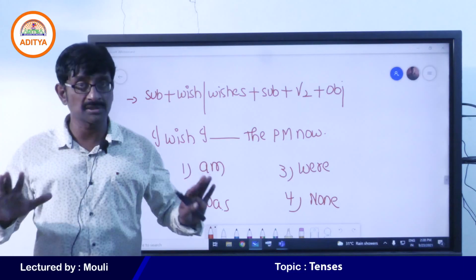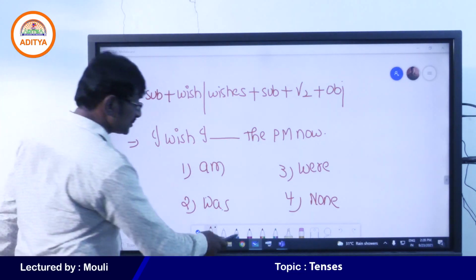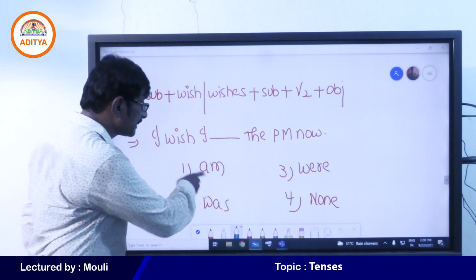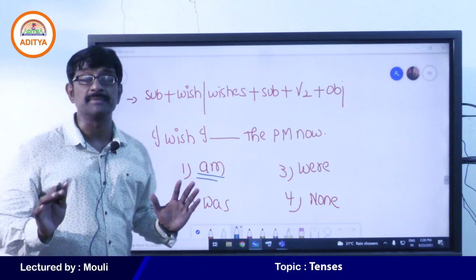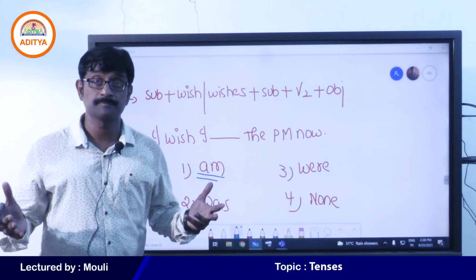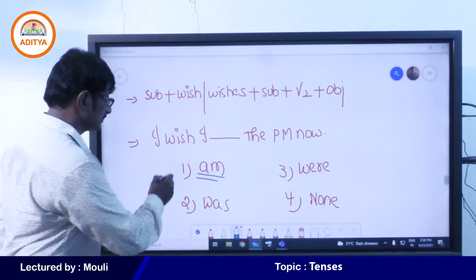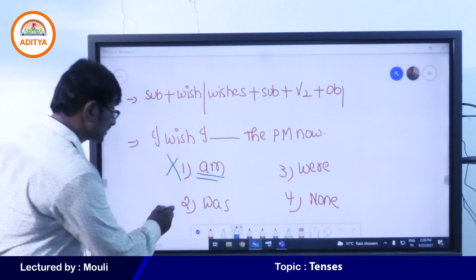Then what will be your selection? Usually, students, listen to me, most of the people will go for 'am': I wish I am the Prime Minister. How is it possible? It is not possible. So this is not correct.